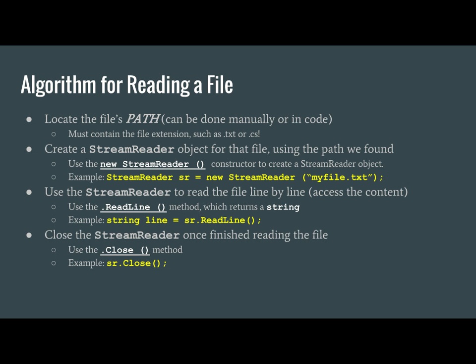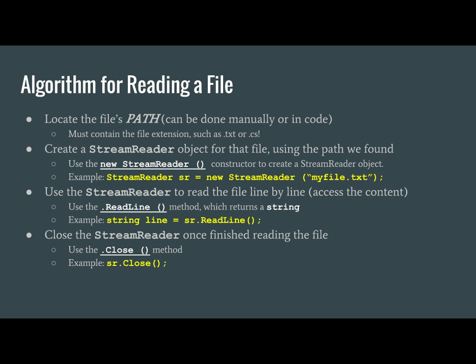You must have the file extension. So for example, when you write a Word document, the extension is usually .docx or .doc. If you're a Windows user, you probably will never notice this, but if you change your directory preference, you probably will see the file extension. You must specify the file extension before you can access it.